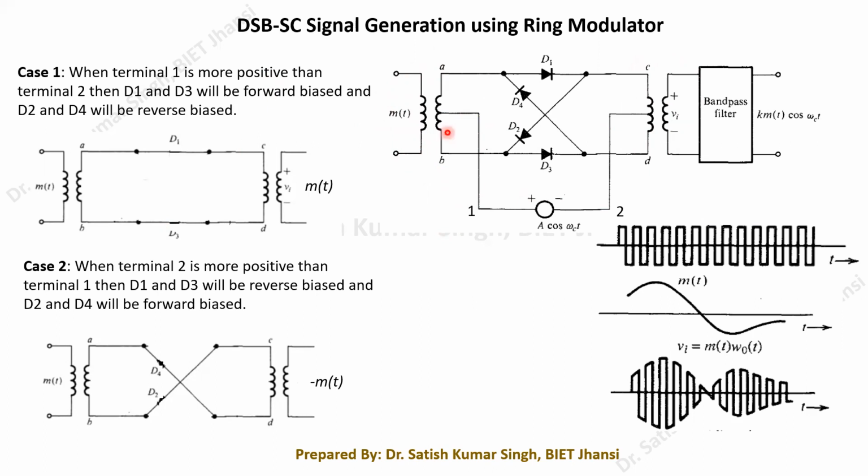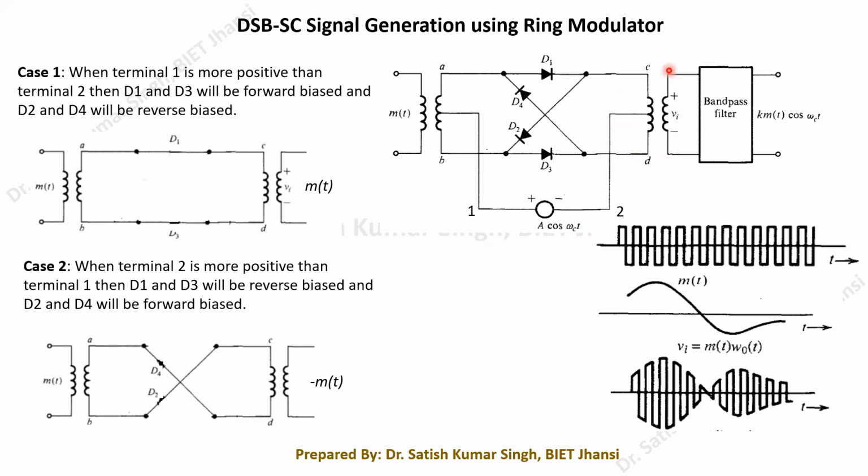This turn ratio may be 1:1. Basically the message signal would be connected to this point, and then this other point will be connected to this particular diode network, and then from this diode network the output would be taken from this second transformer.